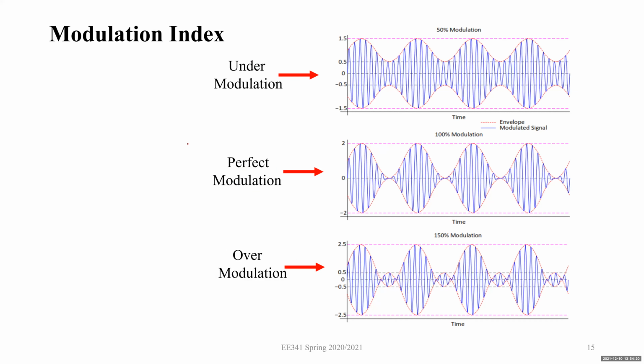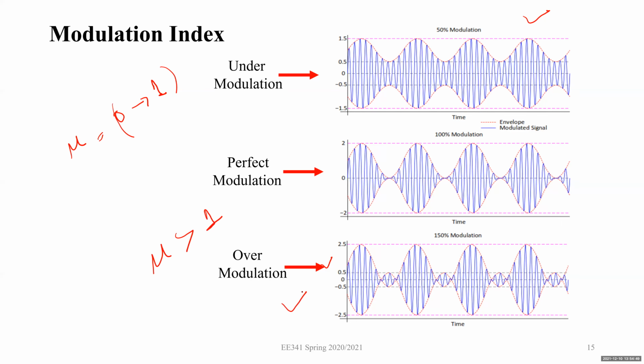So this is a modulation index case when it is 50 percent. You know that the modulation index should be between 0 and 1. If this is perfect modulation, this modulation is also acceptable, this is fine, but this is over modulation when mu is greater than 1.